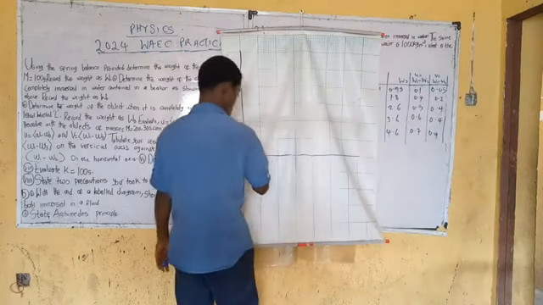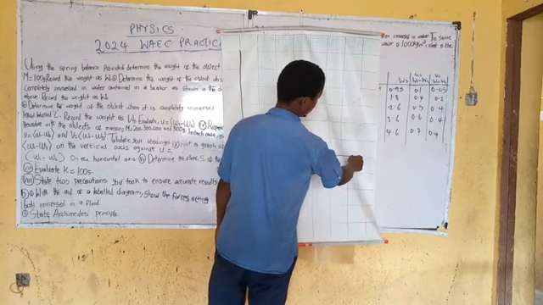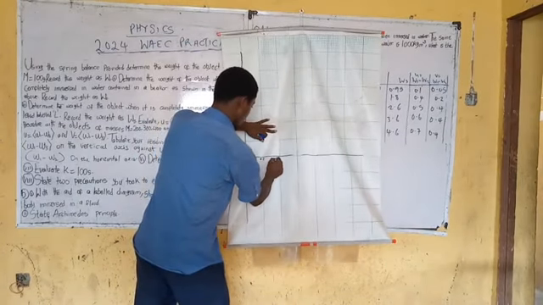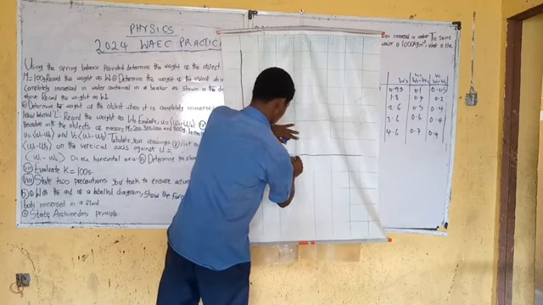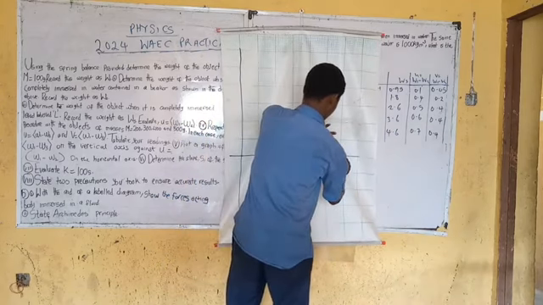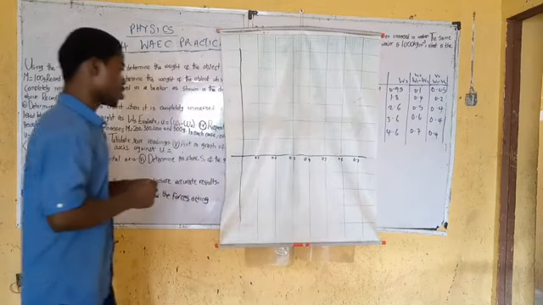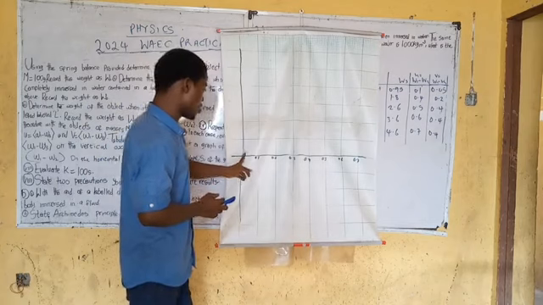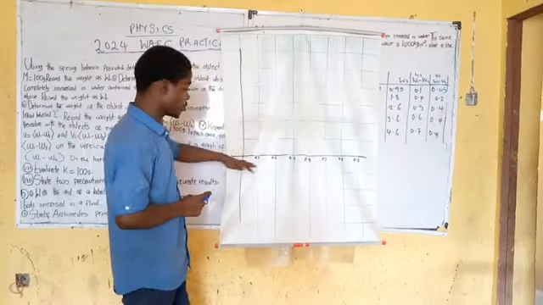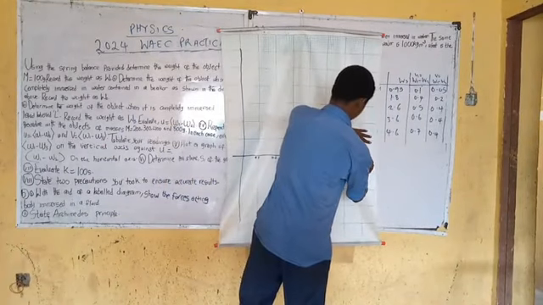So that becomes 0.1, 0.2, 0.3, 0.4, 0.5, 0.6, 0.7. At this stage, you will see that 2 centimeters from here to here represents 0.1 units on the x-axis, and that's our U.